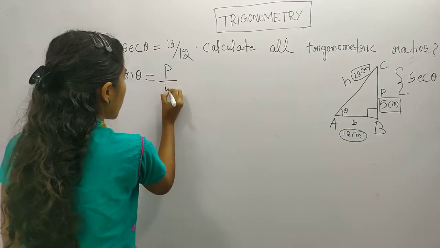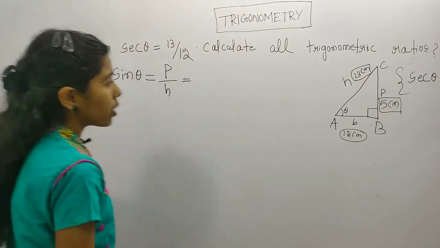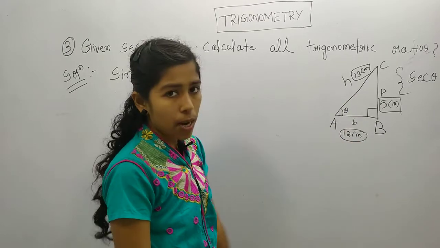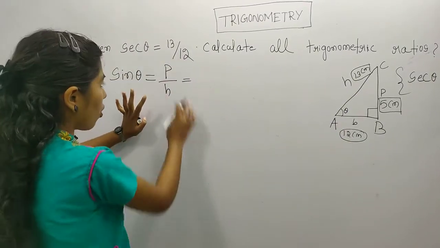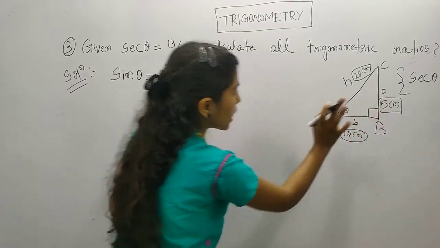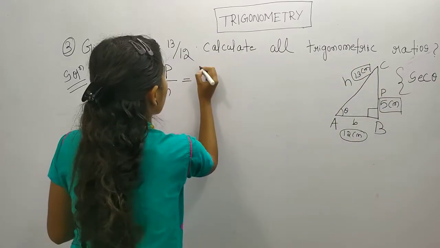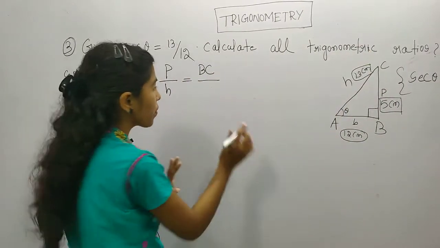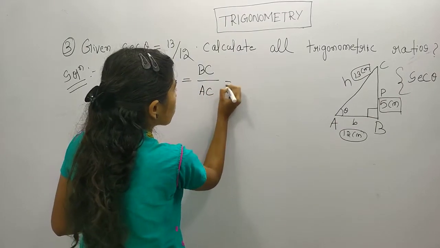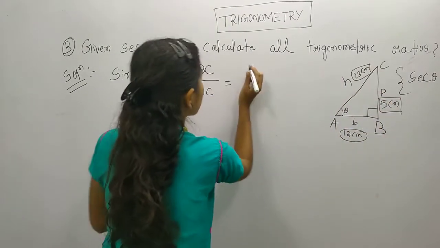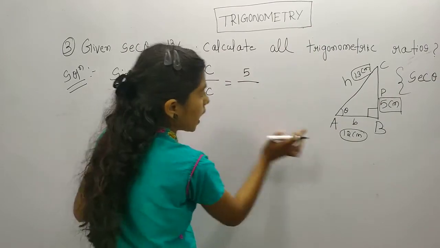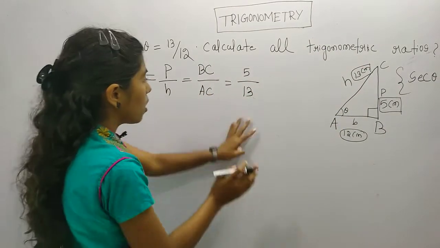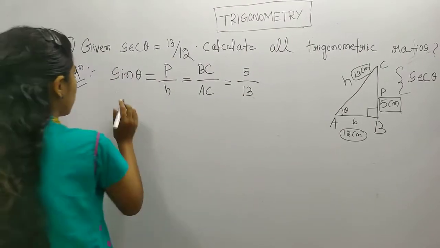P by H. We already know three sides: perpendicular side, hypotenuse side and base side. Perpendicular is BC, by hypotenuse, which is AC. BC is 5 and AC is 13. So sin theta equals 5 by 13.